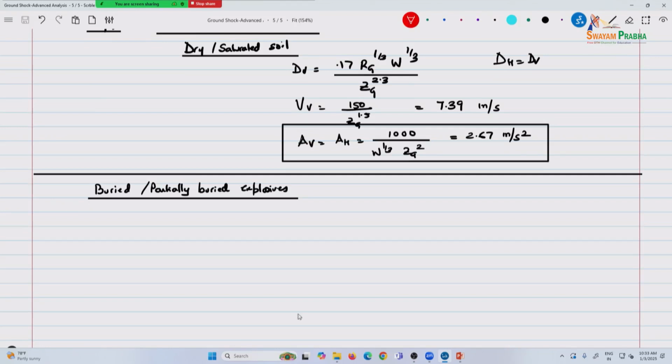Let's say V is what we call the PPV or the peak particle velocity.